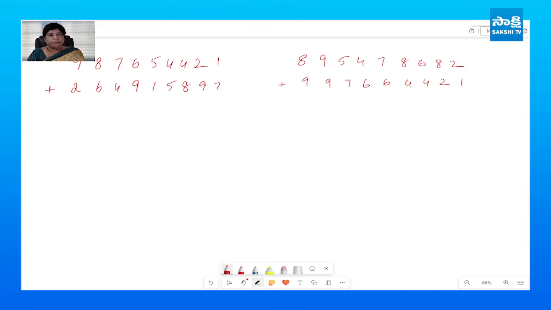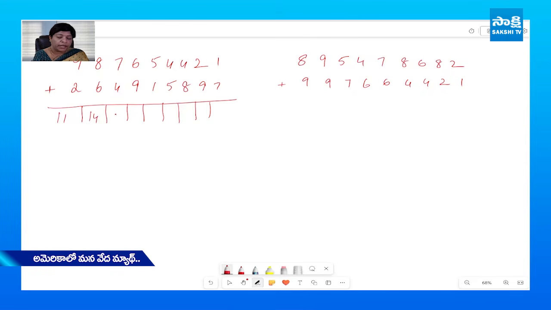Let's see two more examples. So the first thing you're going to do is draw a line separator and add the numbers based on their place values. So I get 11 here, 14, 11, 15, 6, 9, 12, 11 and an 8.